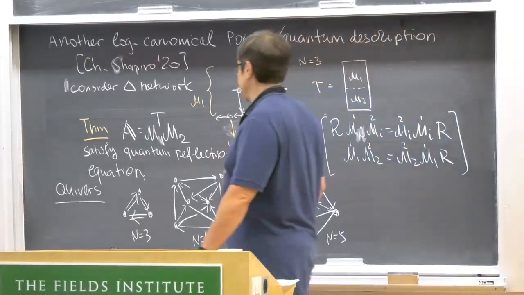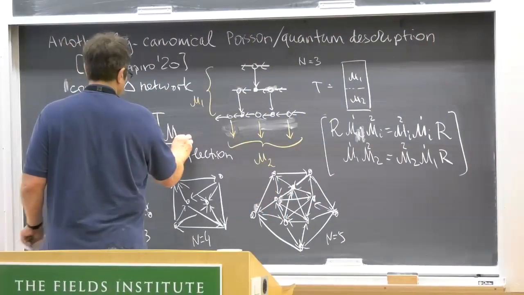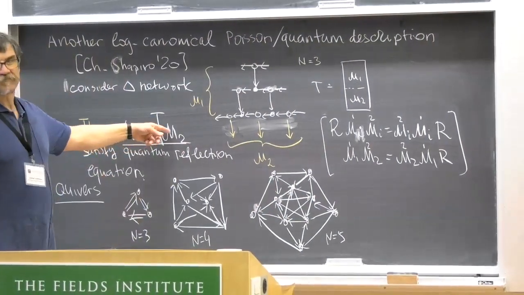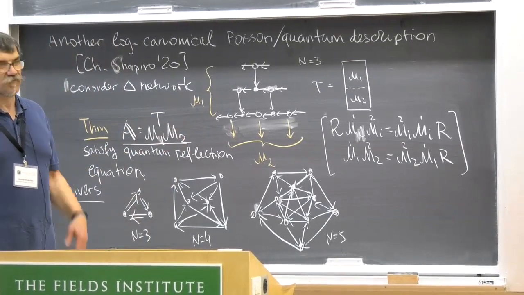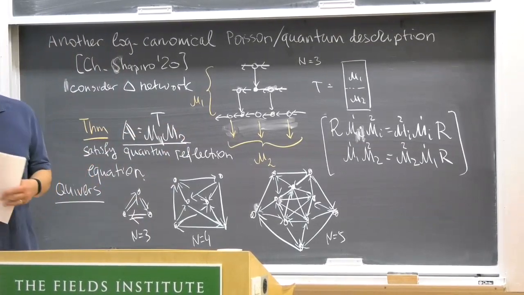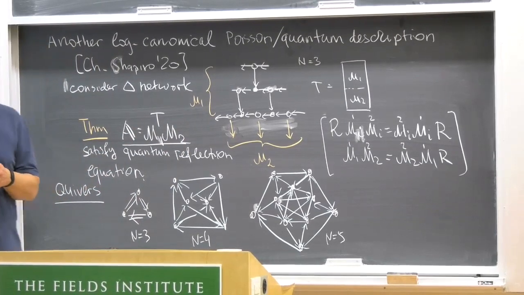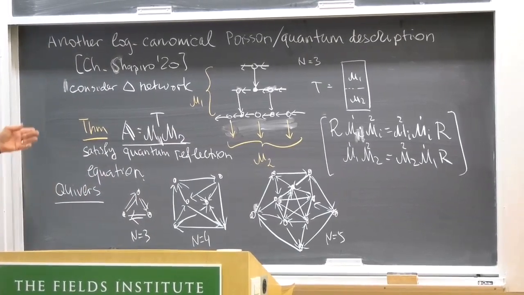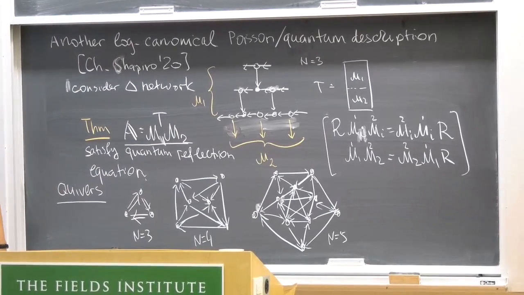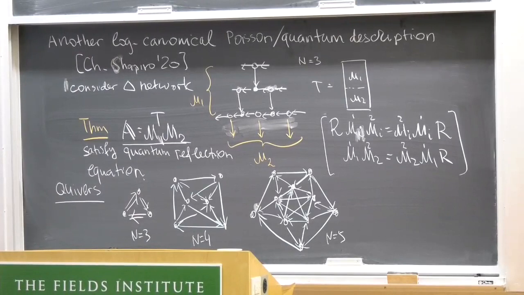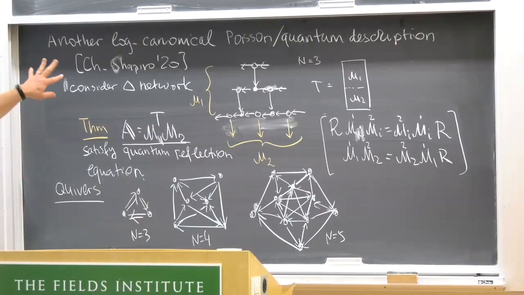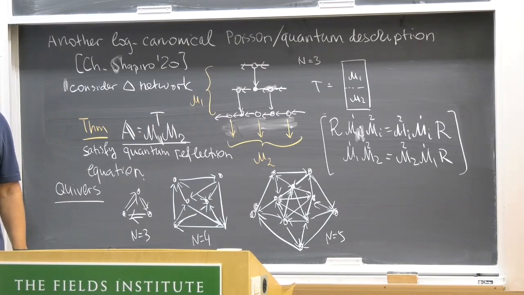And then if we take this combination, they will again satisfy the reflection equation. So it will provide another non-groupoid, log canonical representation for the corresponding elements of the reflection algebra. This is published, part of our paper with Misha Shapiro of 2020.